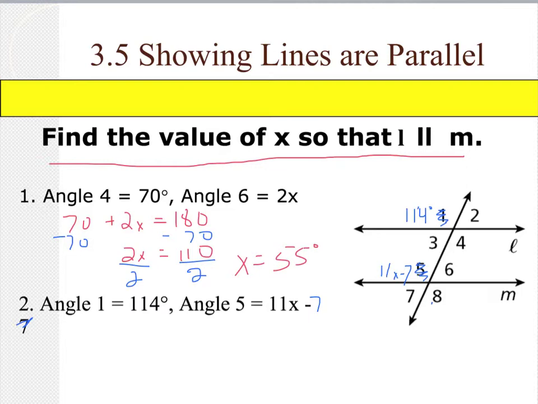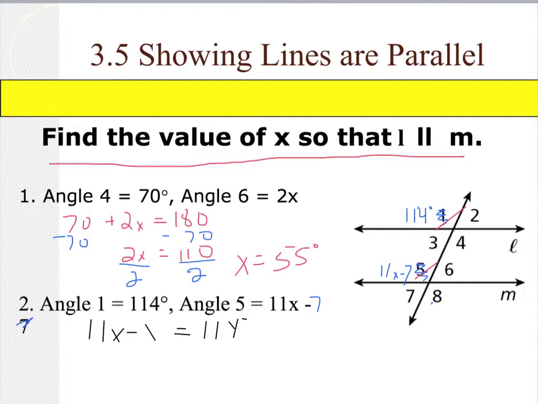So now, what type of angles are angle 1 and angle 5 if L and M are parallel? Those are corresponding angles, and we know corresponding angles, if L and M are parallel, are congruent. So 11x minus 7 is equal to 114 degrees.